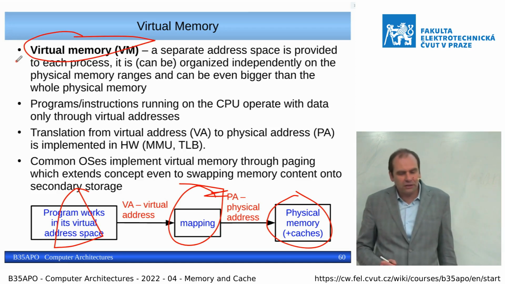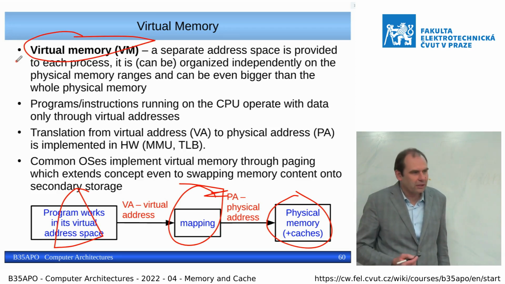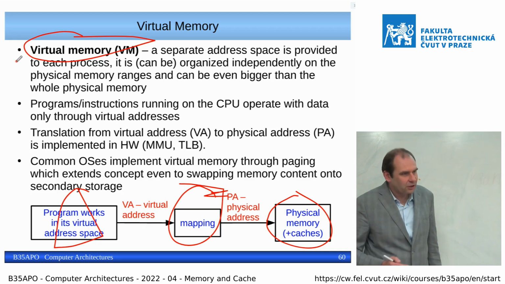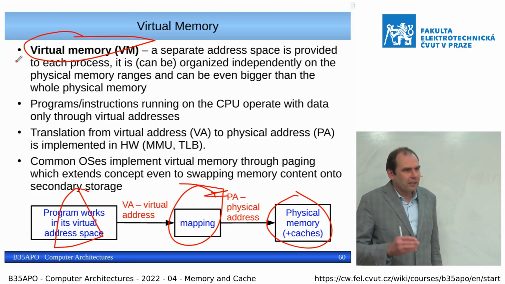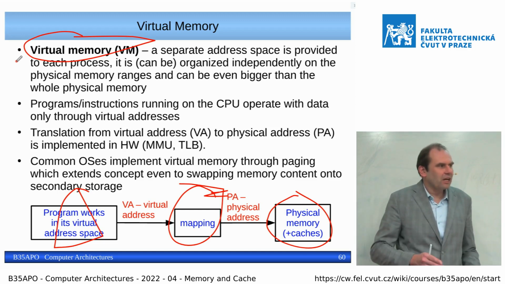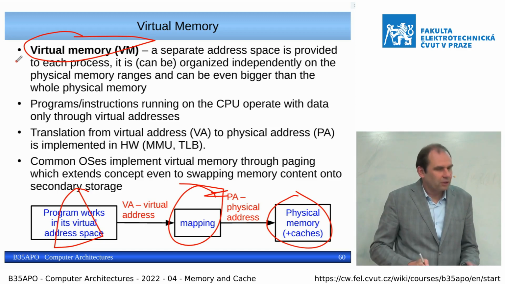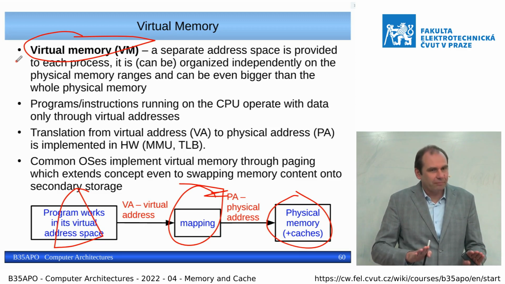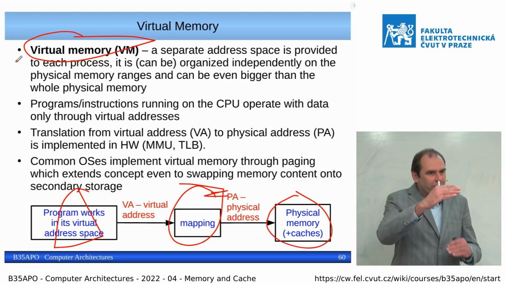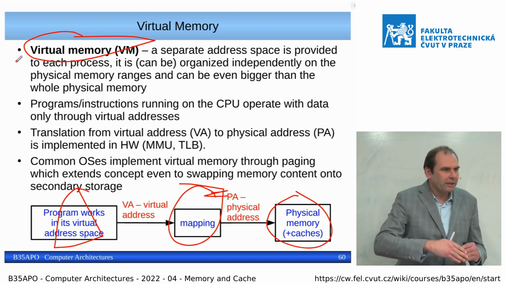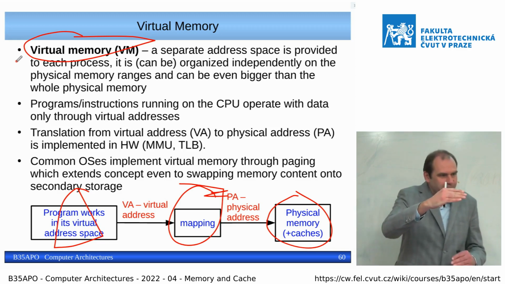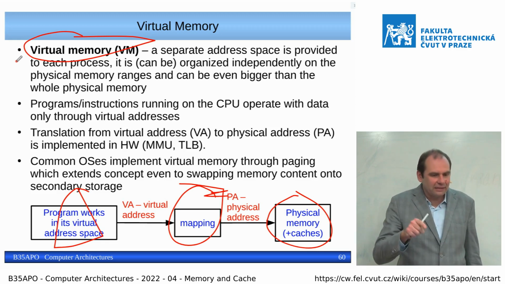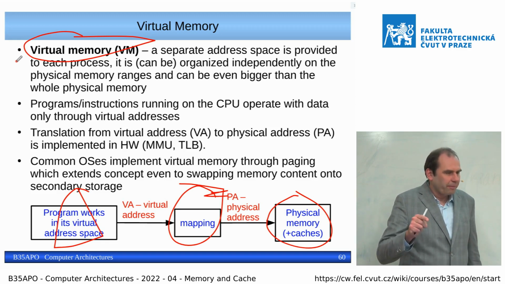Another, and today even more important, reason for virtual memory and address translation is that we want to separate multiple processes which are running on the CPU. So we can have multiple processes, and each of them has its own view of the address space, basically a virtual address space, and cannot access and see data in another process's address space.